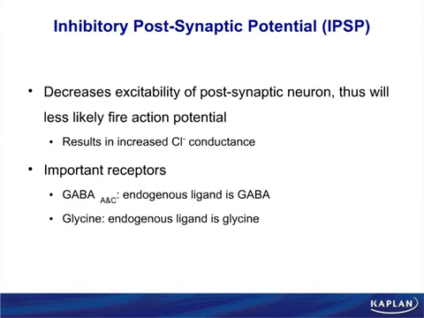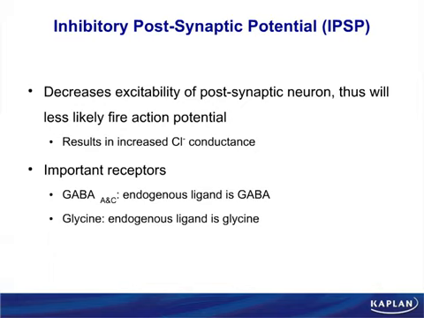Now, going the other way, the second response. So the other one was excitatory, so now we have inhibitory. Got to go both sides. Inhibitory, just as the name implies, means the postsynaptic neuron is less likely to fire an action potential. What's going to be the key ion here?